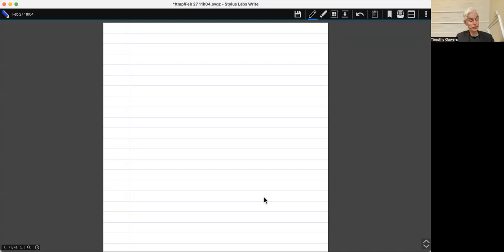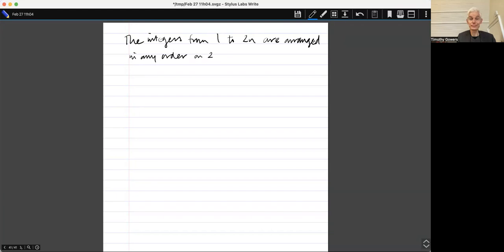The integers from 1 to 2n are arranged, I think those were the next two words, in any order on 2n places numbered 1 to 2n.